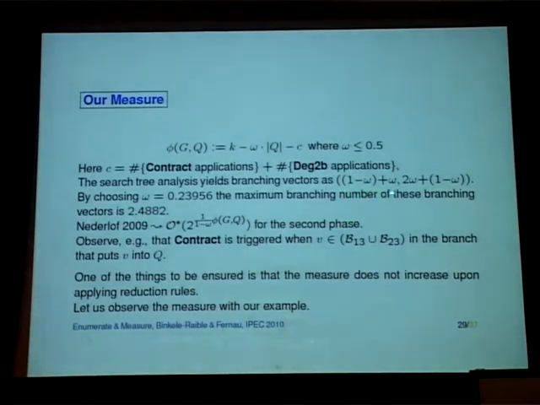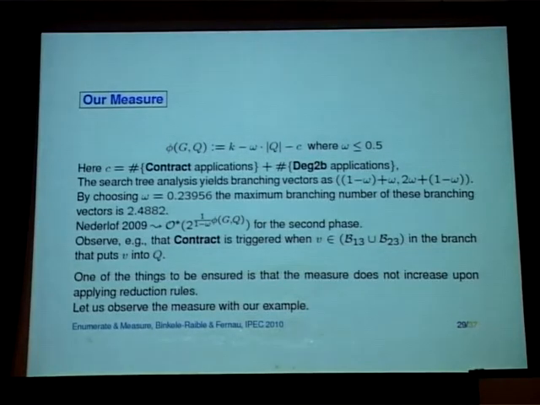Your measure will gain 1 in this branch. Why? Well, one vertex is moving from Q into C because it will be a contract application, and this is reflected by this plus the additional omega which you get. I won't go into details here, but this is just how things are, and then you balance out, find the right omega to do this for you.